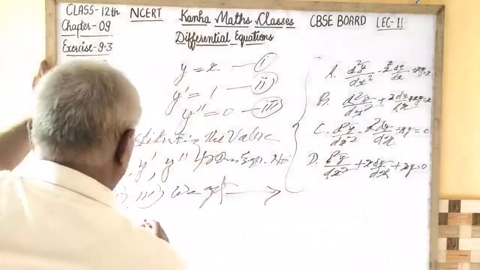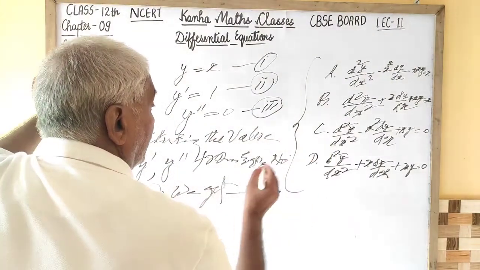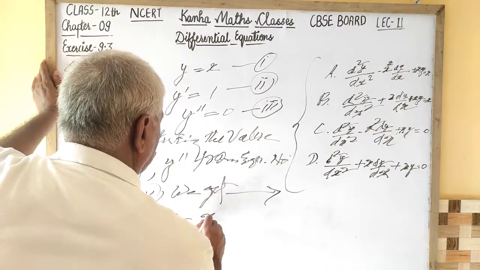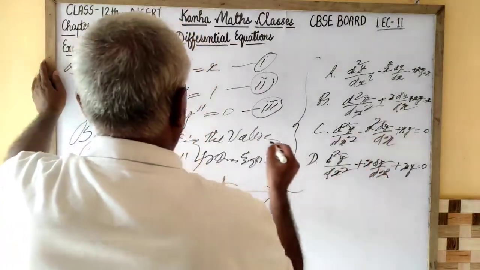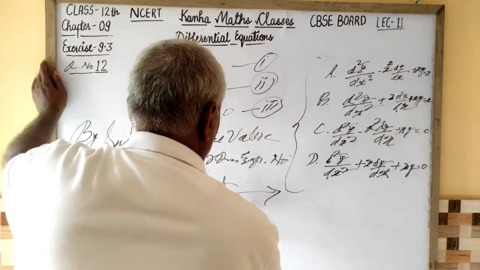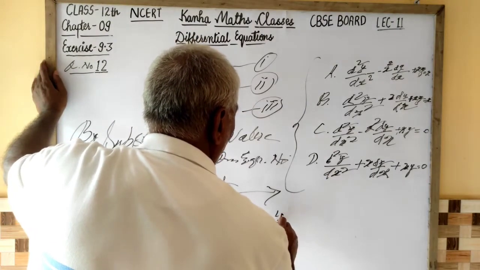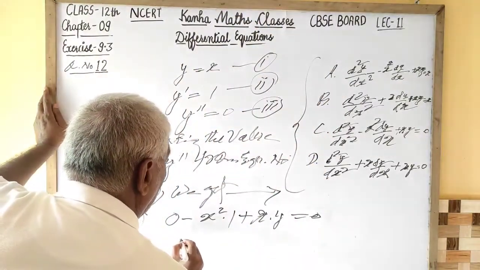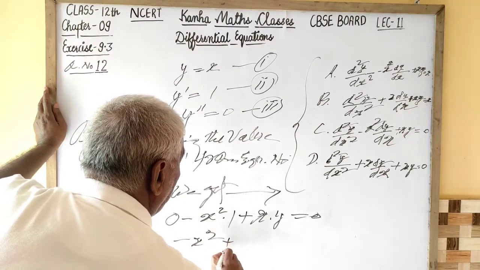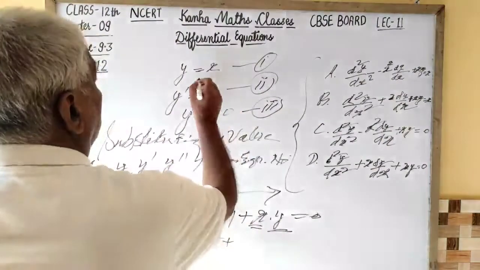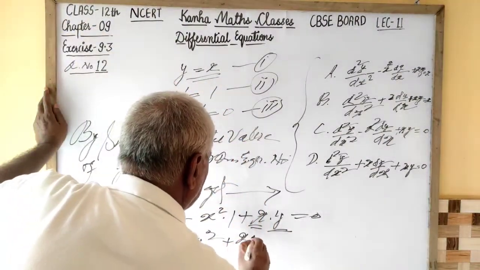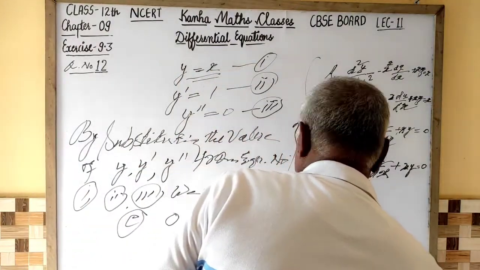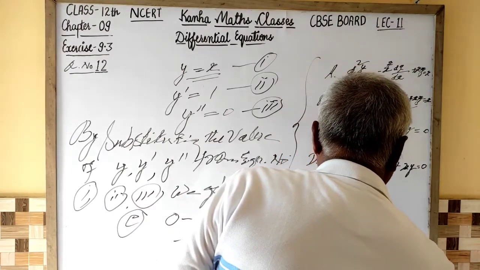in alternative C, d square y by dx square means 0, minus x square dy by dx from equation number 2, 1 plus x, and here y is equal to 0, or minus x square plus x, and you have y is equal to x from equation number 1, then x into x means minus x square plus x square is equal to 0.